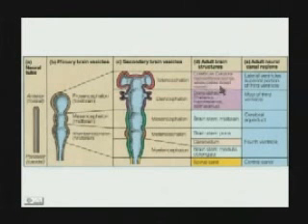From the teleencephalon, we get the cerebral cortex, the basal nuclei. From the diencephalon, we get the thalamus, the hypothalamus, and the epithalamus, which is also known as the pineal gland.